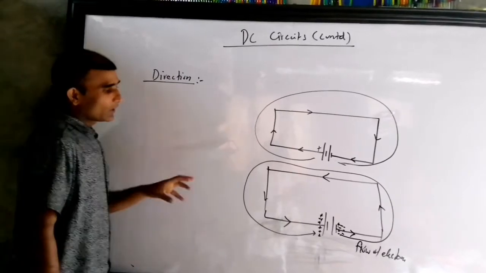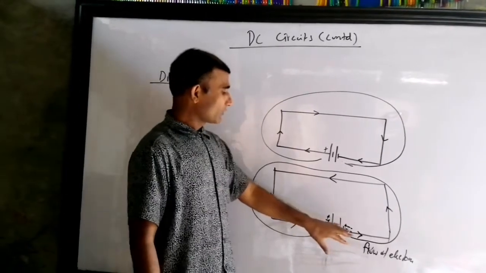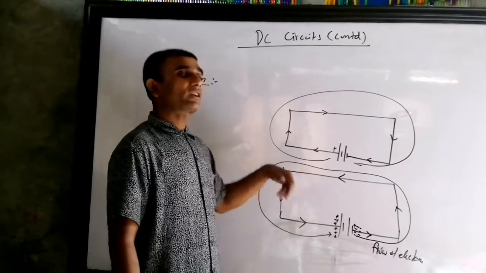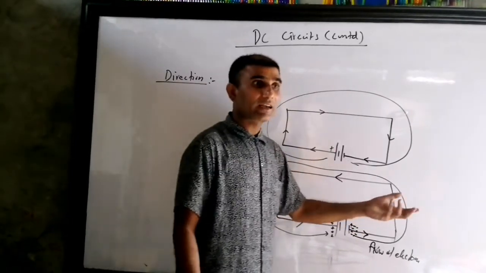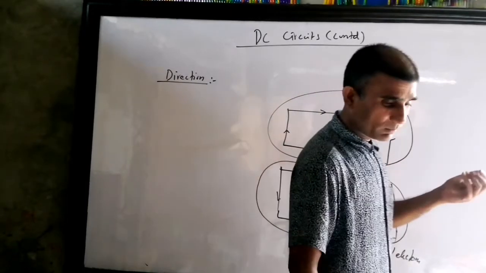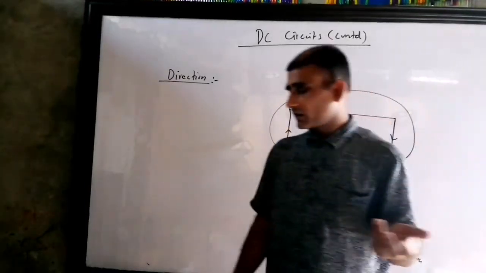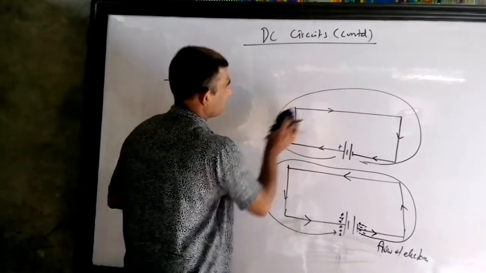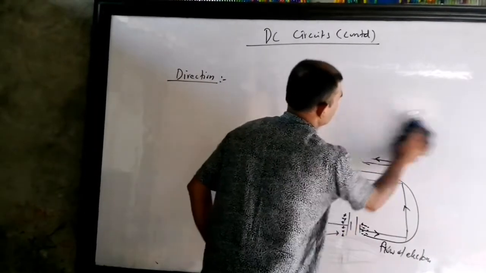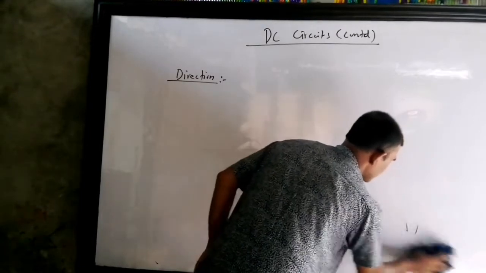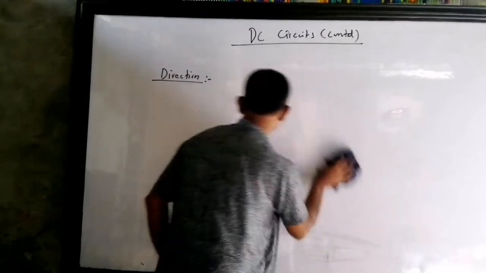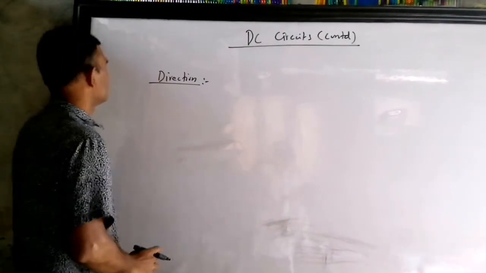Electrons move from the negative to the positive, which means the direction of current is opposite to the direction of electron flow in the metal. This conventional direction we assume throughout the course: the direction of current is from the positive pole of the battery to the negative pole of the battery.